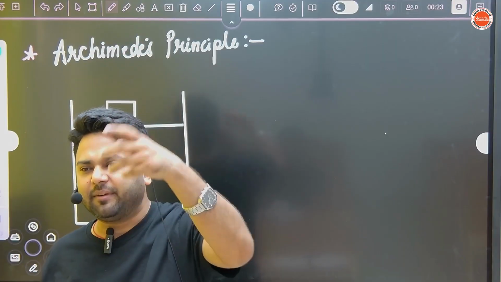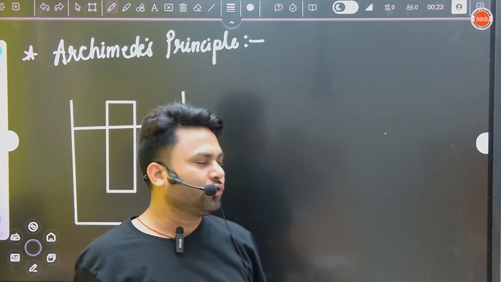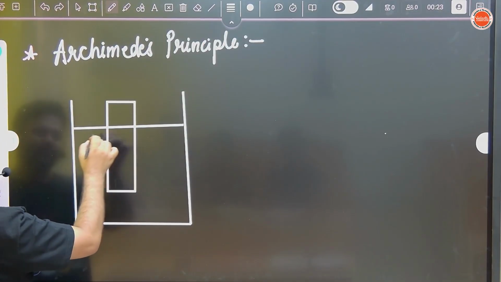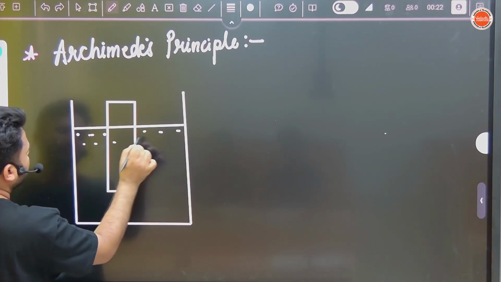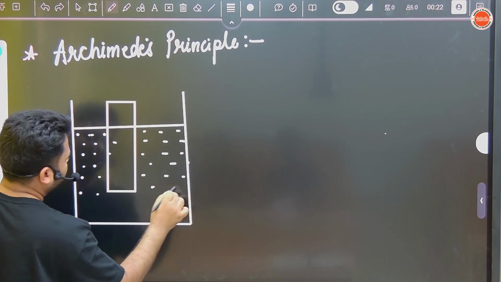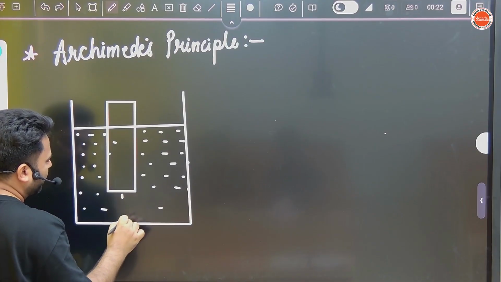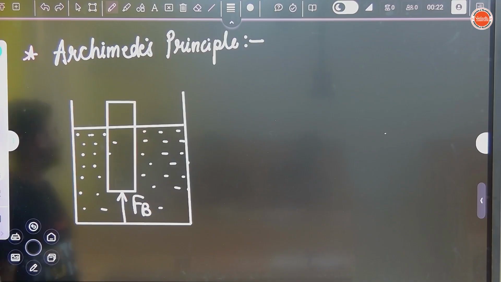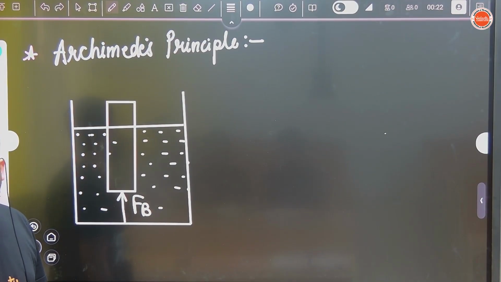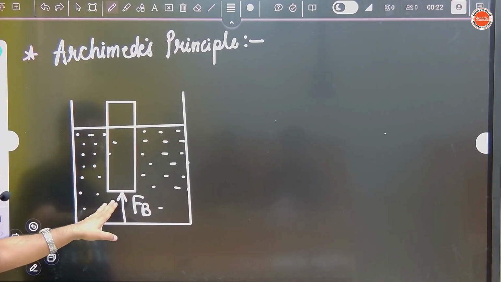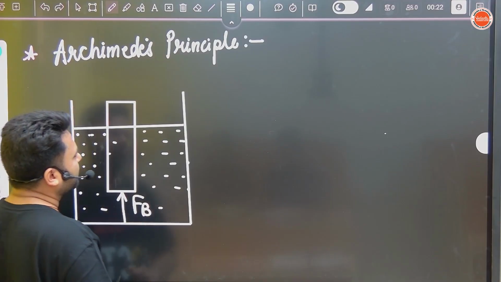Whenever you insert an object inside any fluid, it experiences an upward force, which is called buoyant force, FB. I don't write BF because you will think boyfriend.